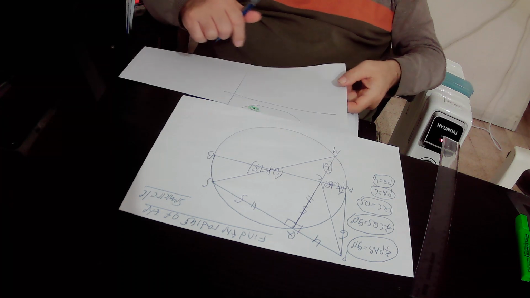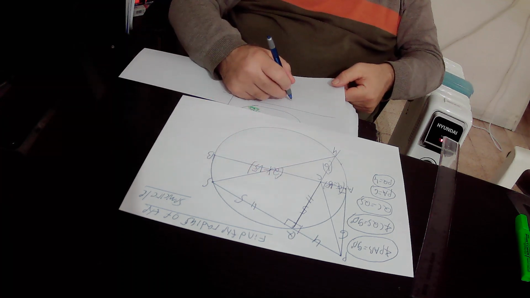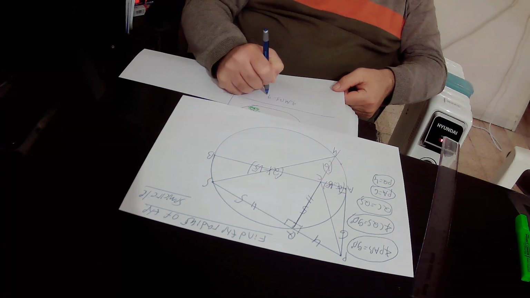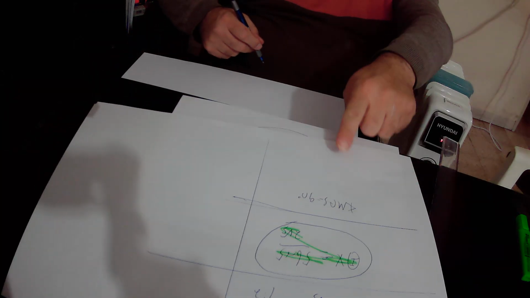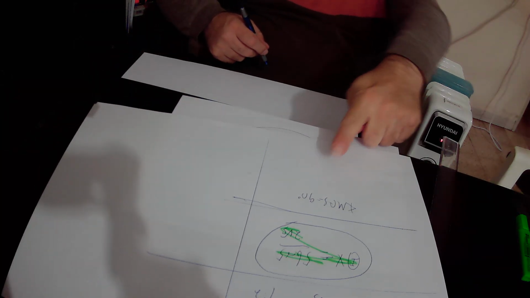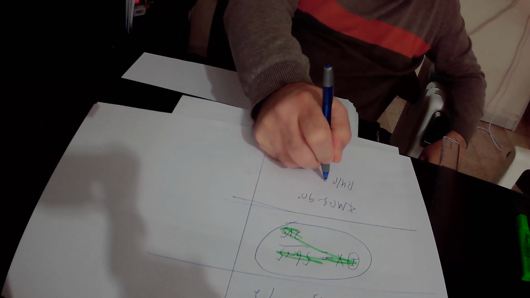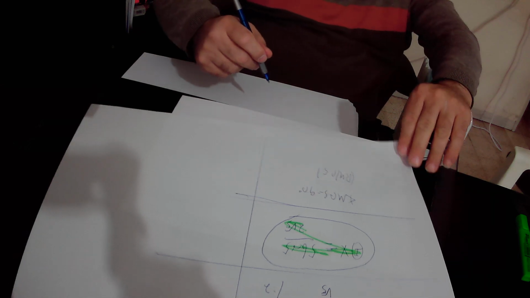I'll write it down. Because peripheral angle MQS equals 90 degrees, therefore, according to rule number 5, peripheral angle MQS rests on the diameter of the circle.